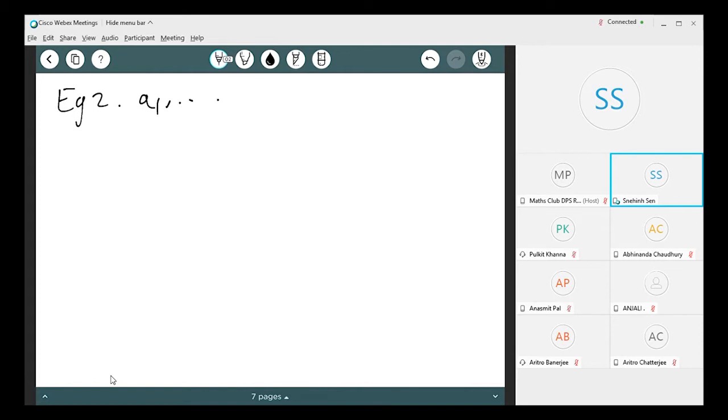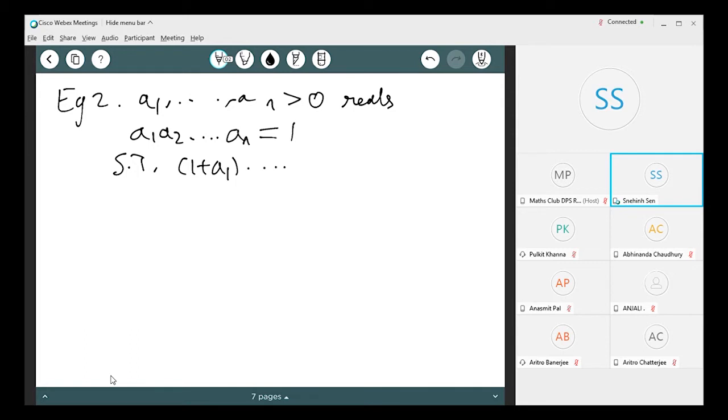A1 to An are positive reals. It is known that A1 times A2 times up to An is equal to 1. Show that (1 plus A1) up to (1 plus An) is greater than or equal to 2 to the power n. So how do you propose we go about this one?